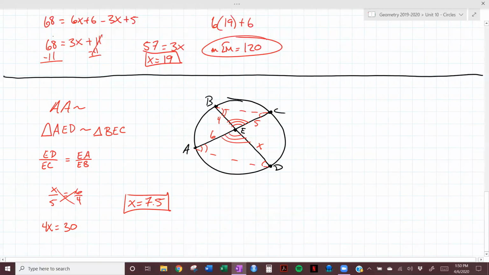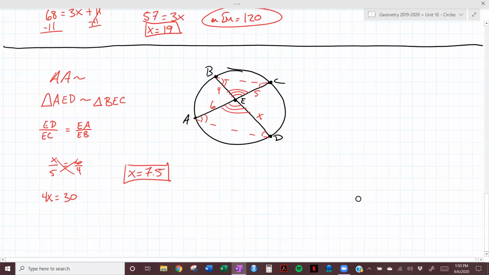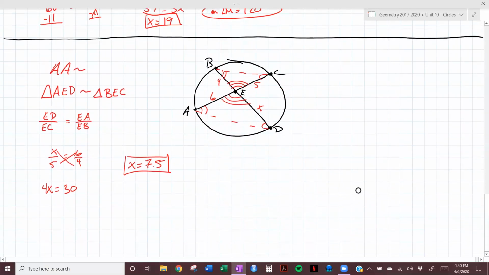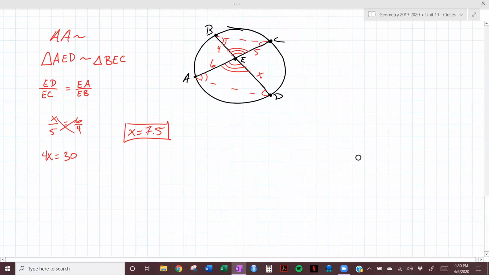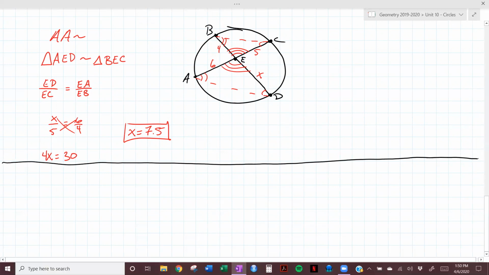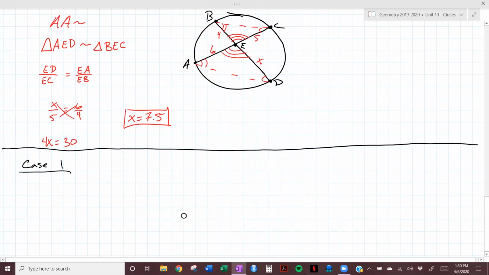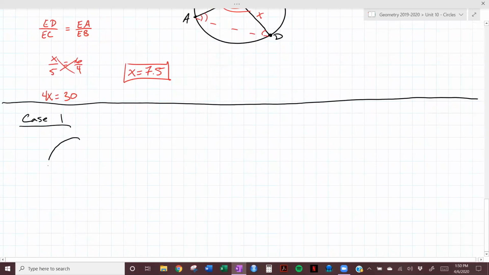So then we have three cases when dealing with chord length relationships. That's what that's called. It's called chord length relationships, okay? So I'm going to draw a line here. So here's case one. So we have a circle.